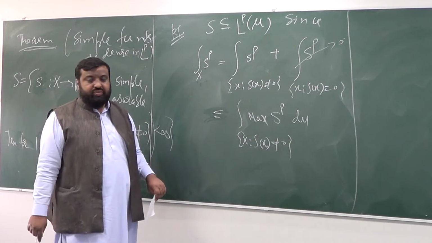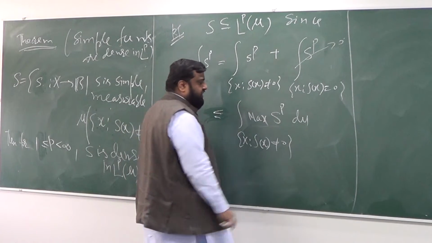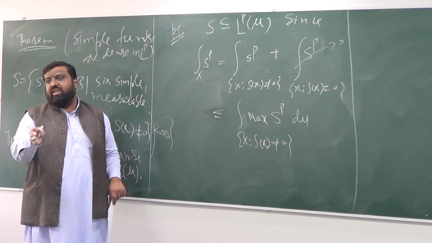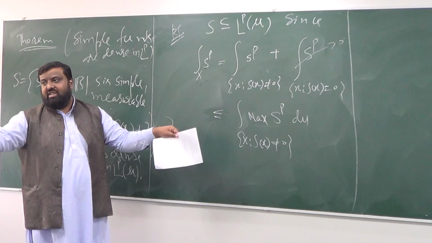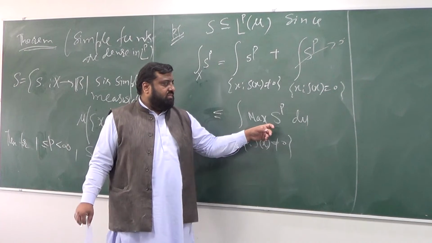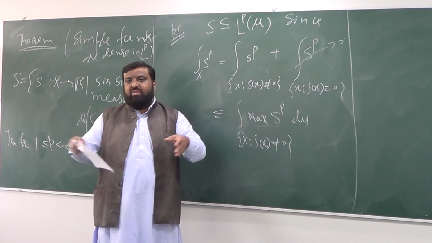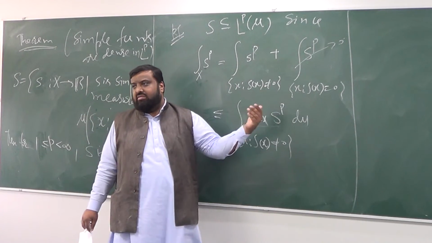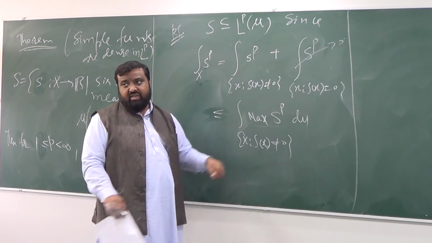Are we happy with this? And this is going to be a fixed number. Because S takes values from a finite set, and from that finite set you must have a number that is bigger than the others.